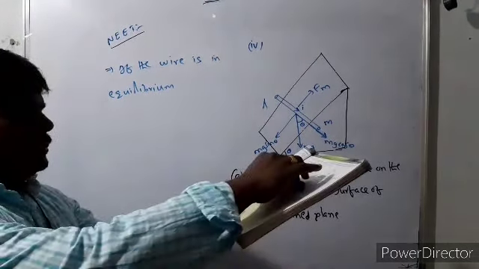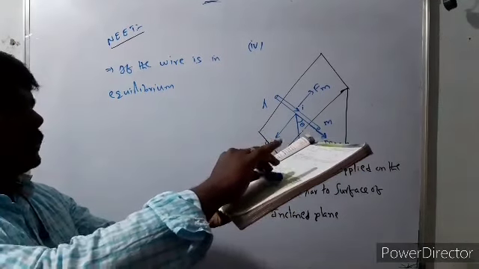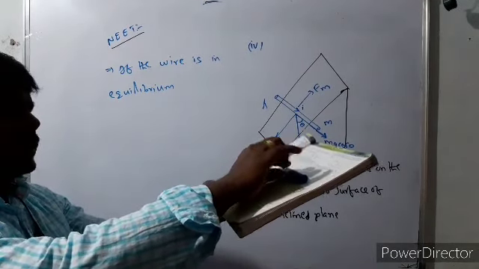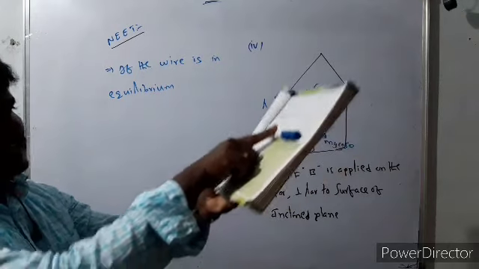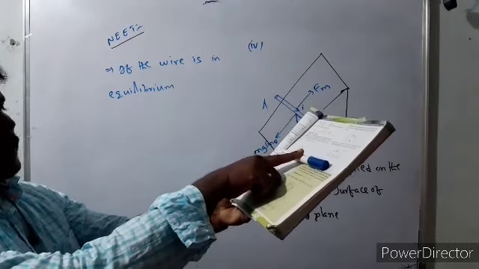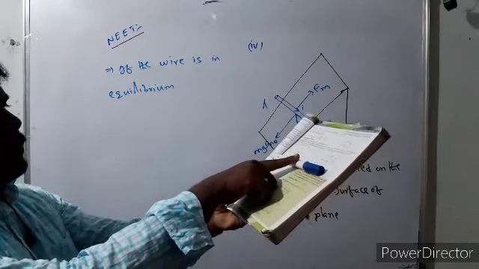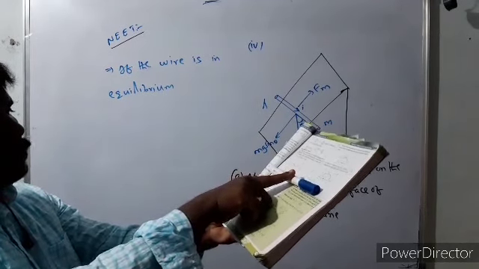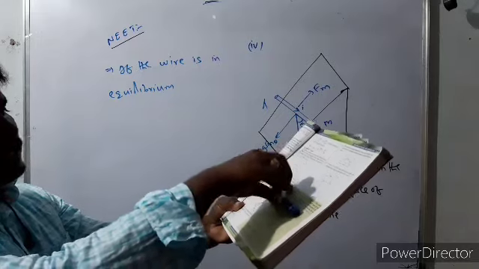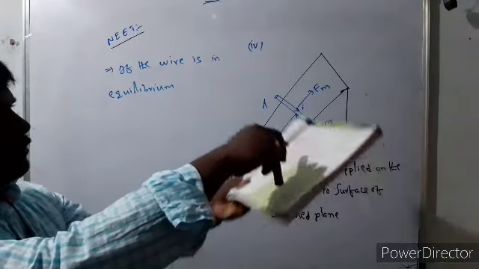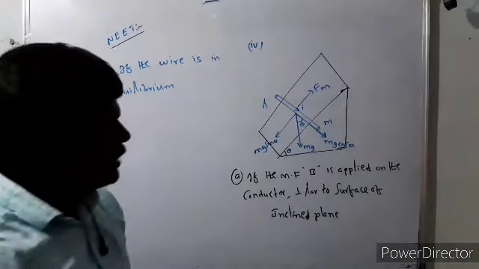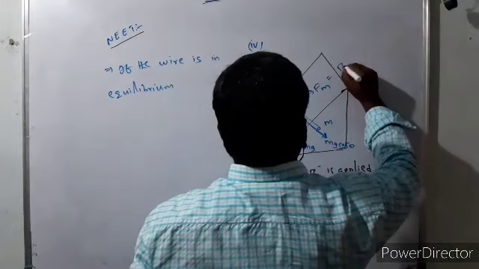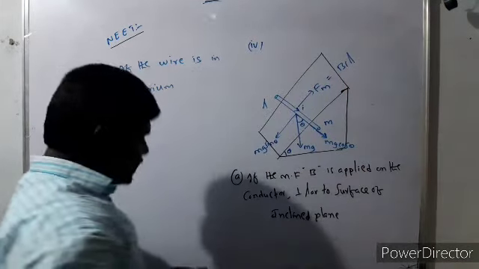Maybe it will slide downwards, but with constant velocity, or otherwise it may be at rest on the inclined surface. How many forces are there on the conductor parallel to the inclined surface? There are two forces. One is mg sin theta downwards, the other is the magnetic force, that is BIL.